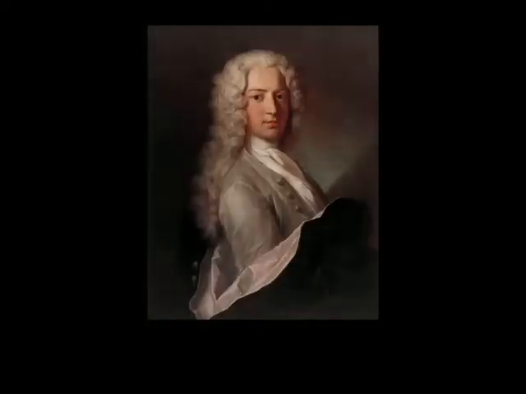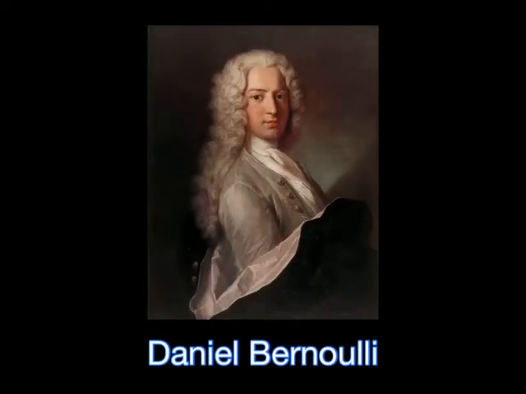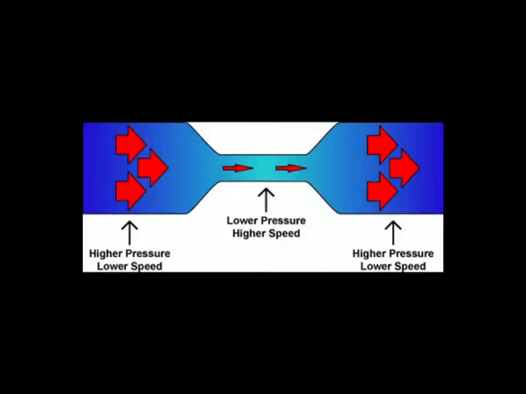Daniel Bernoulli was a mathematician from Switzerland who lived from 1700 to 1782. Bernoulli explained how the speed of a liquid, like air or water, affects its pressure. Bernoulli's principle outlines that as air moves around an object, it creates different pressures on that object.